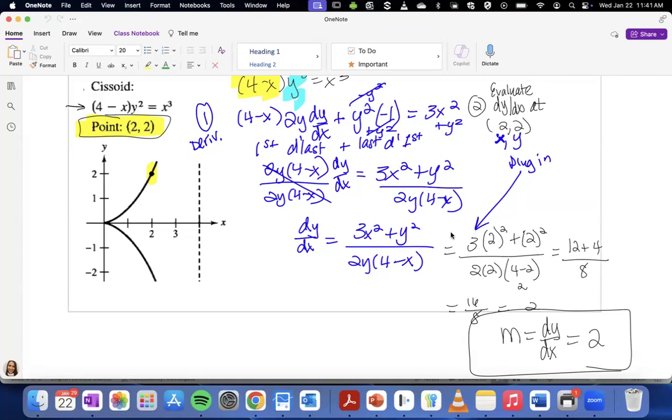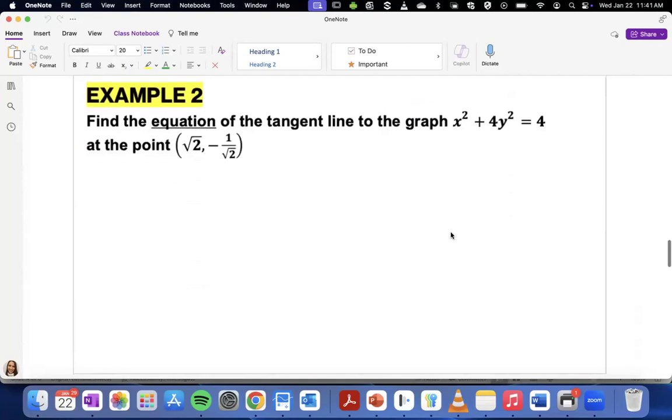The next piece is kicking it up a little notch. I want you to find the equation of the tangent line to the graph at the point root 2, negative 1 over root 2. I specifically chose weird values because you'll see that it's not too bad.